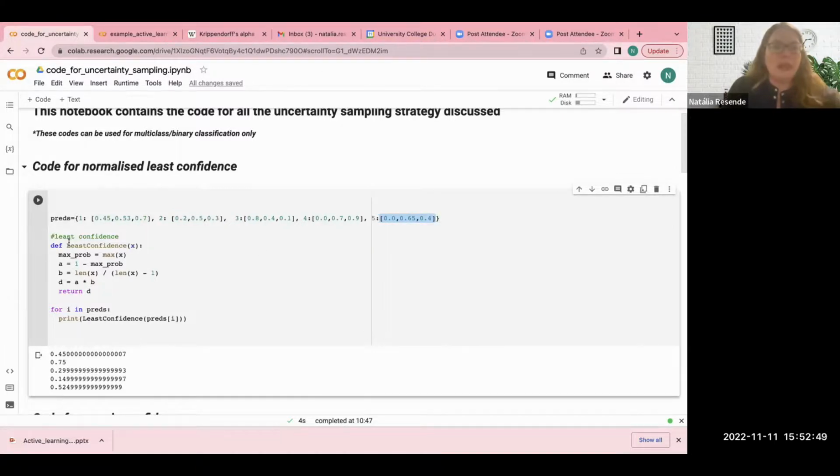And then I have here a function to calculate the normalized least confidence. We subtract 100% confidence from the maximum probability, and then here we normalize, right? B and D are the normalization. And then we get here the scores, and after that, of course, we can rank these scores in descending order.